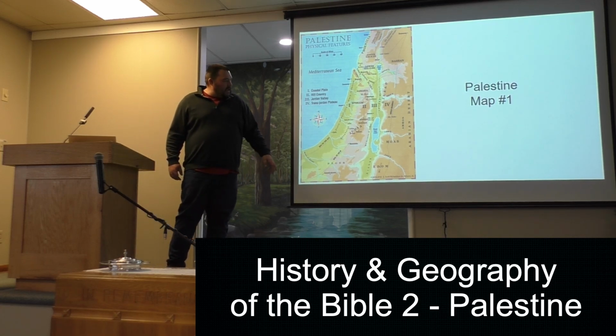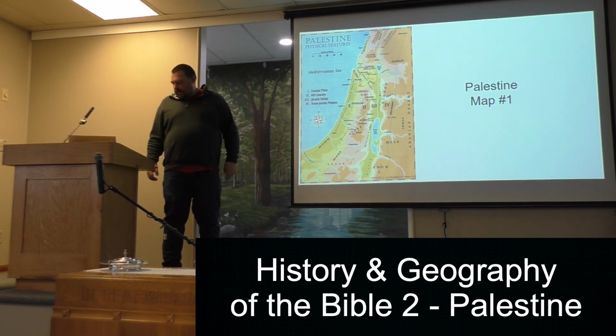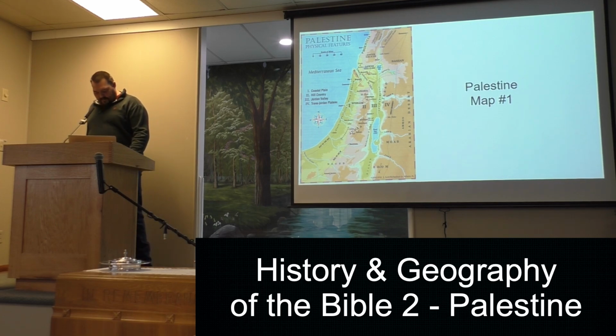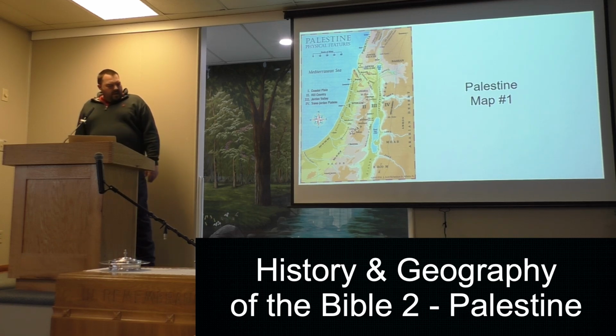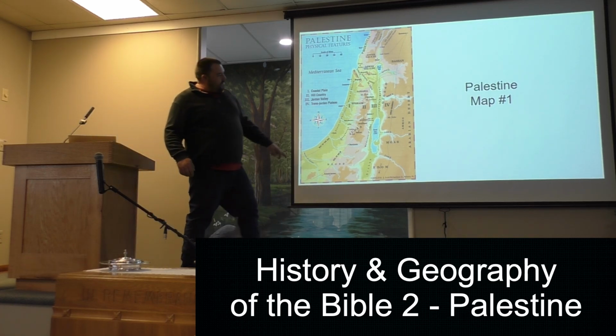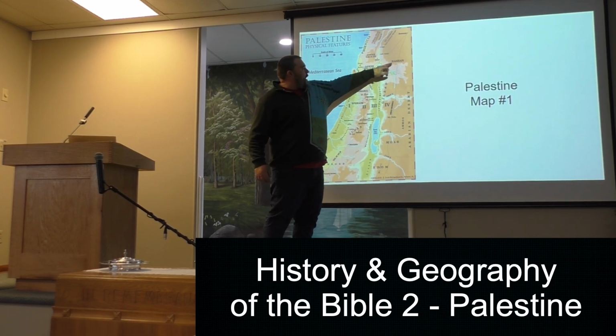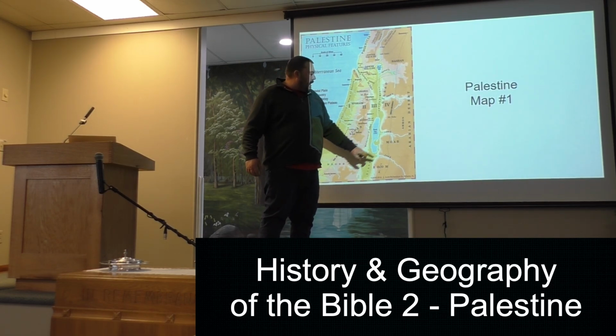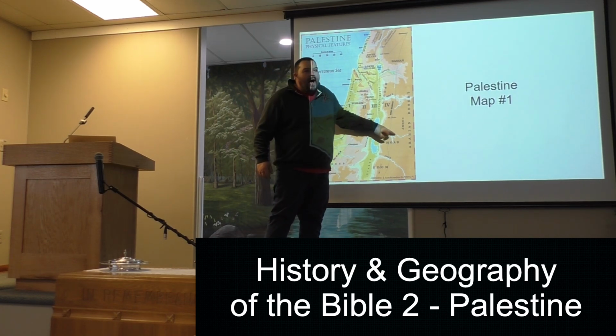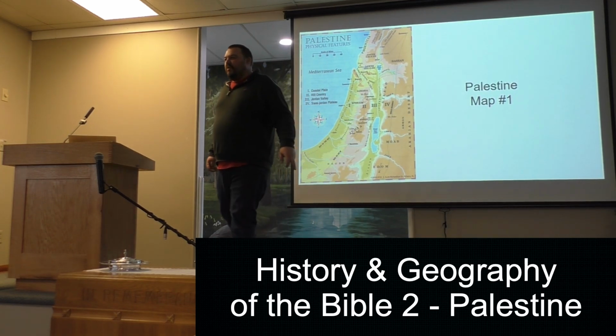But this upper part, I probably don't have a ton of notes on that. You can see there's some different highlighted areas: Edom, Moab, Bashan. We think about Moab and Ammon. Do you remember who those two fellows were?